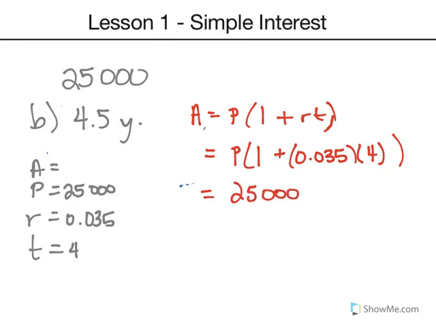I didn't know why I didn't put that in before. And when we multiply this together, we get 1.14. So altogether, we have made $28,500. So that's how much you would get at 4.5 years. And you would lose the 0.5 of interest because you'd have to wait till 5.